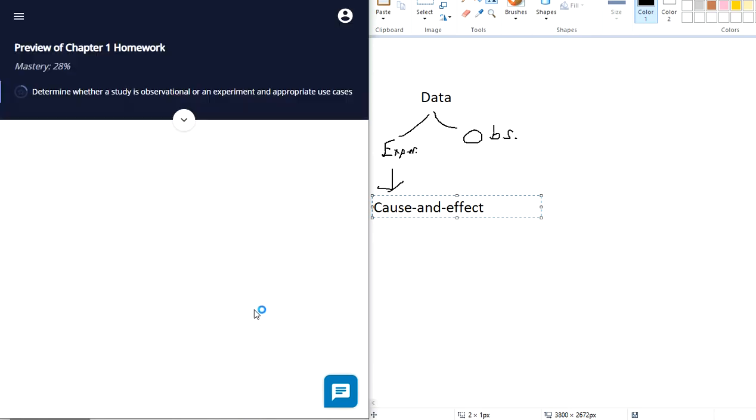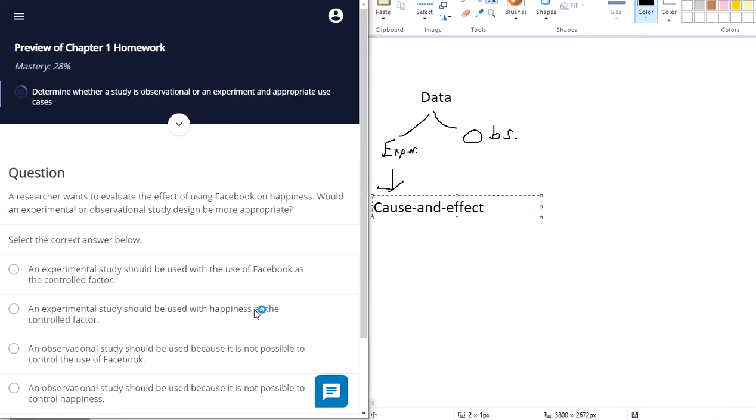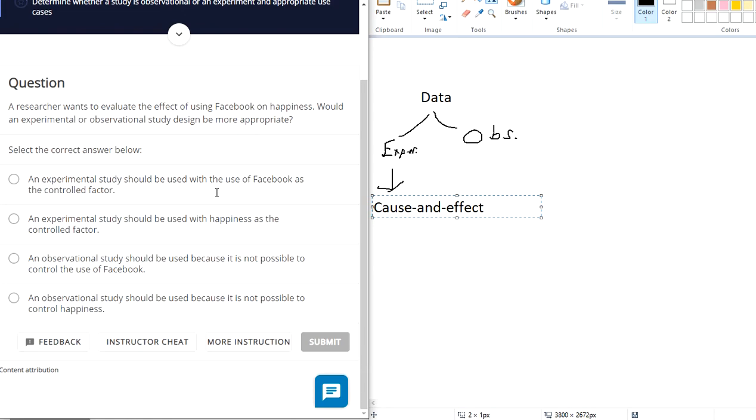Let's see what else we have in this topic. Facebook on happiness. Would an experimental or observational design be more appropriate? An experimental study should be used with the use of Facebook as the controlled factor.